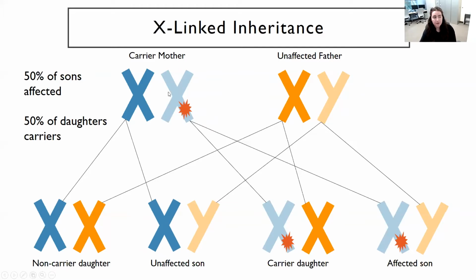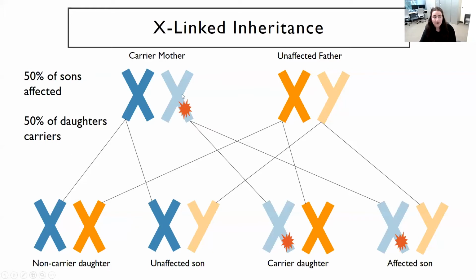So if the mother passes down the X chromosome with the gene change, and the father passes down his X chromosome, we get a daughter who is a carrier of Becker muscular dystrophy. If the mother passes down the X chromosome with the change, but the father passes down the Y chromosome, then we have a son who has Becker muscular dystrophy. But if the mother passes down the X chromosome without the change, regardless of what the father passes down, these people will not be carriers, will not be affected.